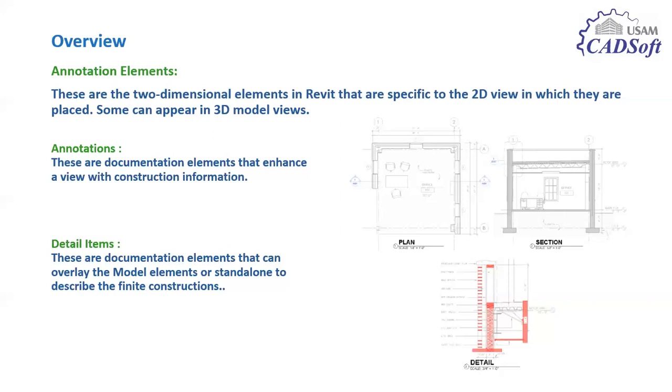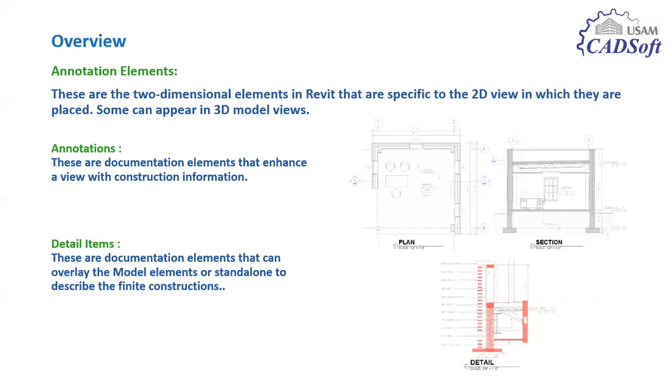So 2D drafting components, I would say, rather than modeling components, which can be used to overlay the model elements, or you want to get an enlarged detail, and you want to detail it out in some specific areas. Yes, you have certain detail items which you can incorporate within that and enhance your view or detail out your view. Okay, so this is about annotation elements.